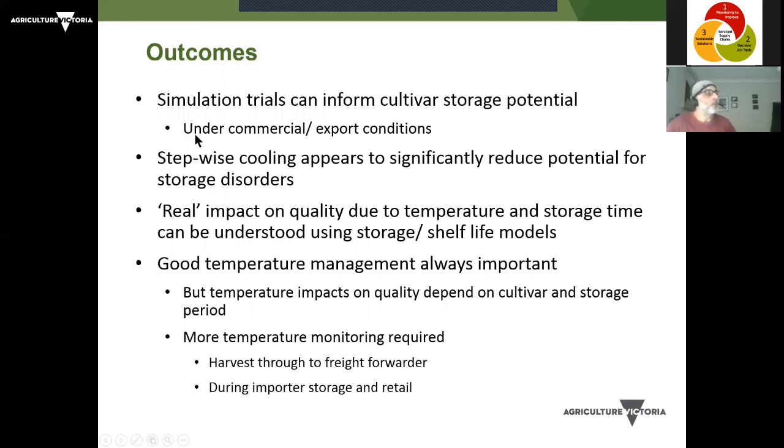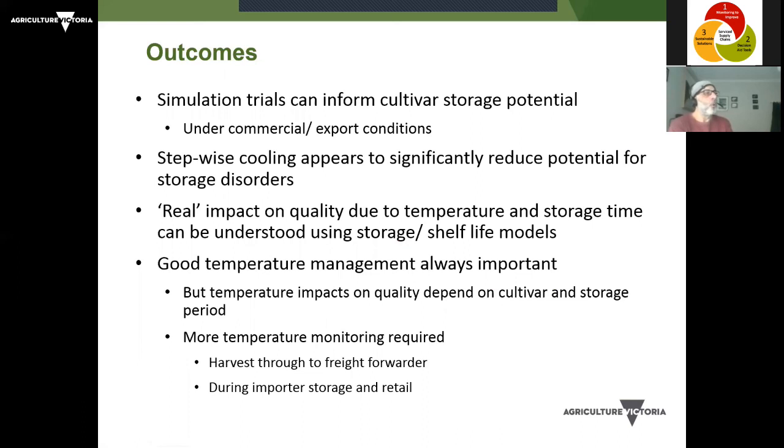And we're able to conduct these trials under commercial and export conditions. Stepwise cooling, we've determined that it appears at the moment to significantly reduce potential storage disorders in the cultivars we've looked at, and we expect the same result for other cultivars.